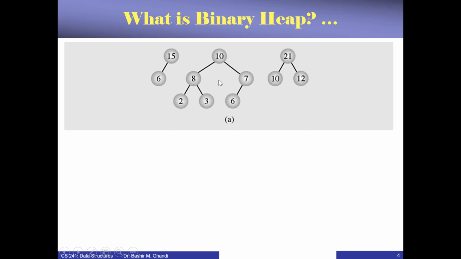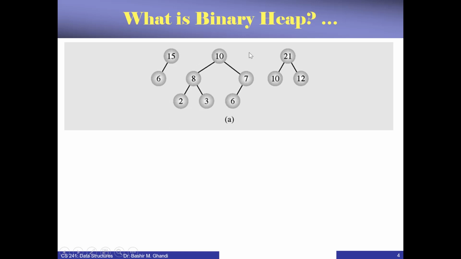How about property number 2, especially with respect to max heap? Clearly here the node 15 is greater than its only child, 6. So this is a max heap. Here 10 is greater than both its two children 8 and 7, and 8 is greater than 2 and 3, and 7 is greater than 6.